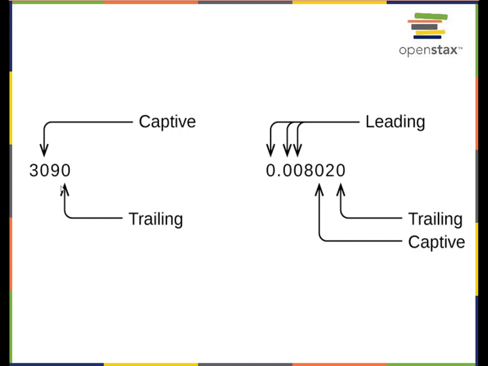But here, this trailing 0 is not significant because there is no decimal point. In this number, the trailing 0 is significant because I have a decimal point. So if I have a decimal point and a trailing 0, it becomes significant.